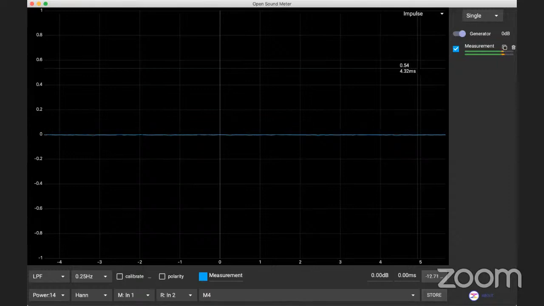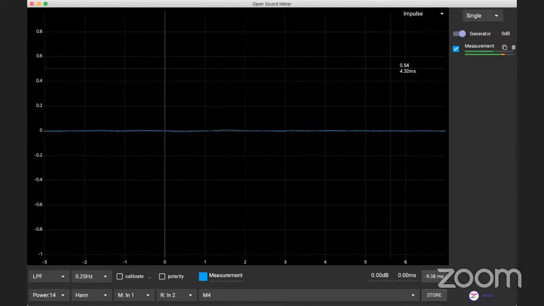What I'm going to do is put one of the speakers off. Just pay attention on the screen, okay? I'm going to be muting my microphone. One speaker is off right now. I'll play noise and we'll see one impulse here.